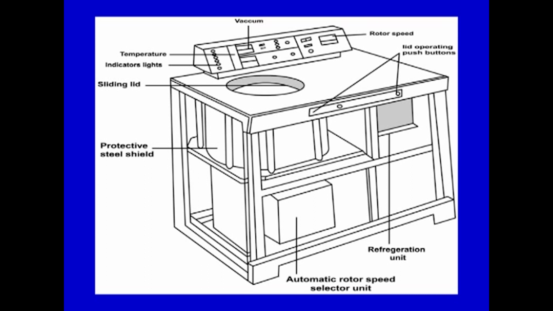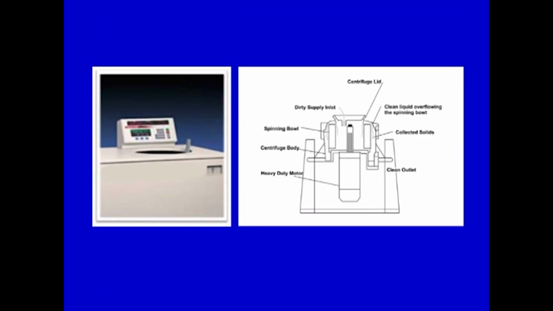All these things are available in here. This is one typical ultracentrifuge with all these controls and other things. This is a simple diagram for an ultracentrifuge. There is a heavy duty motor and a lot of other things as we have discussed.